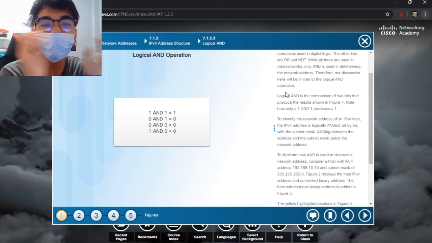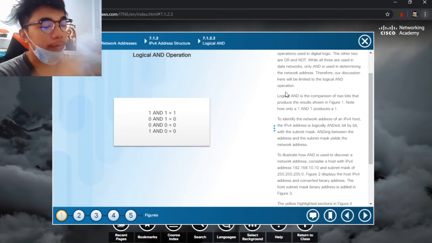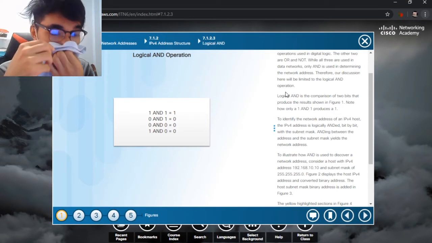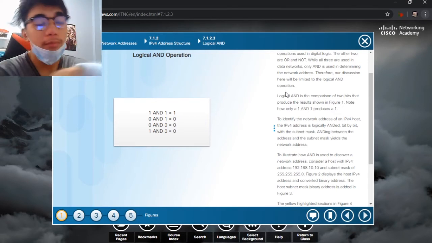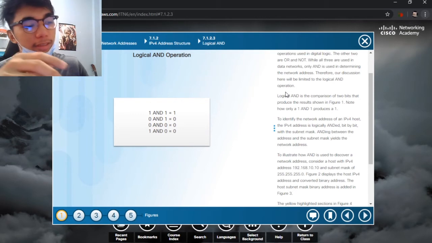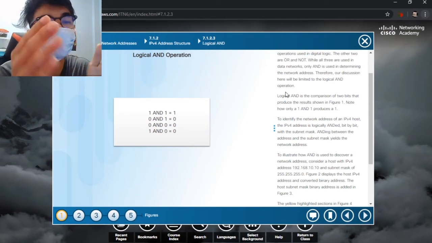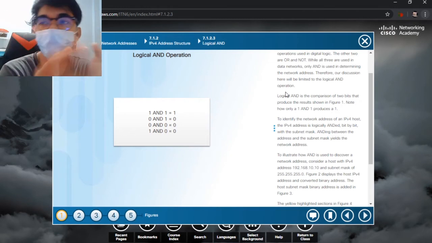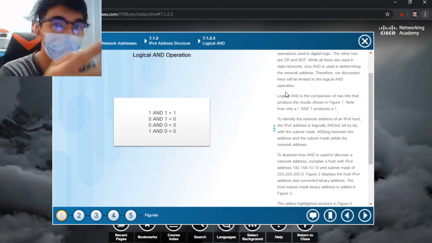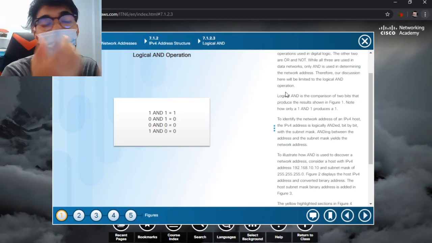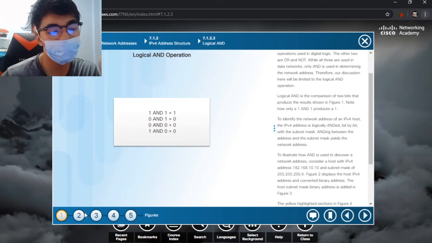If there's a 0, it would be 0. It's just true or false: if there's a false, there will be false. If true and true, it will be true. False and false, it will be false, and false and true, it will be false.